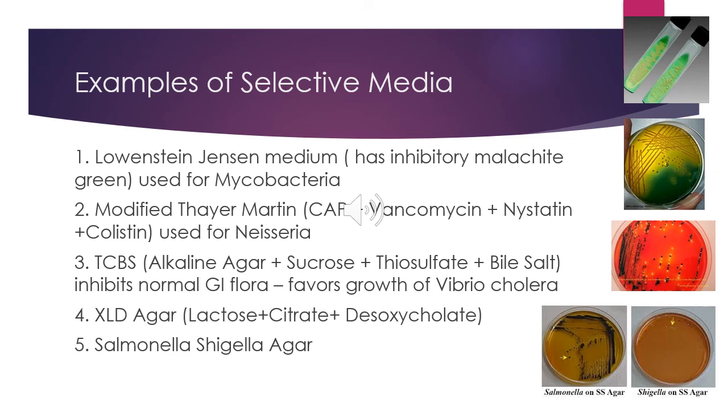The XLD agar usually contains lactose and desoxycholate, and is usually used to favor the growth of Salmonella and Shigella species. The SSA, as the name implies, also favors the growth of Salmonella and Shigella and inhibits other enterics.